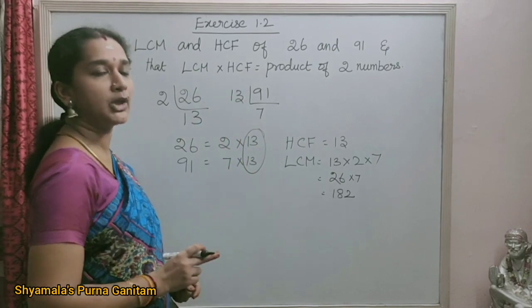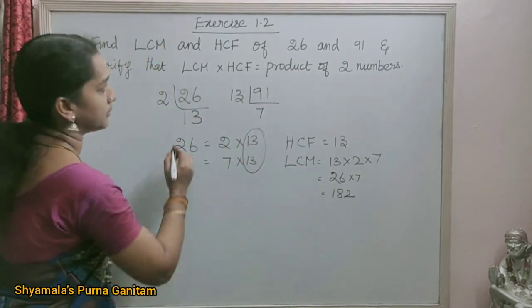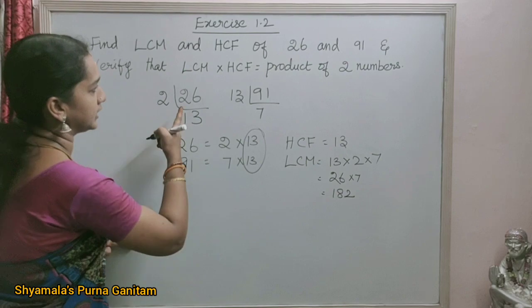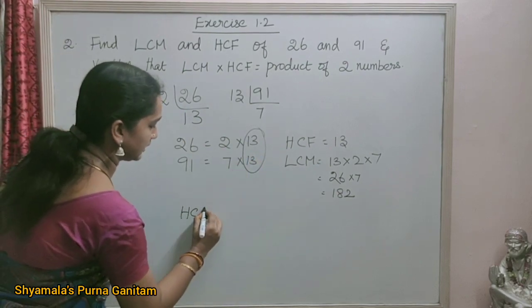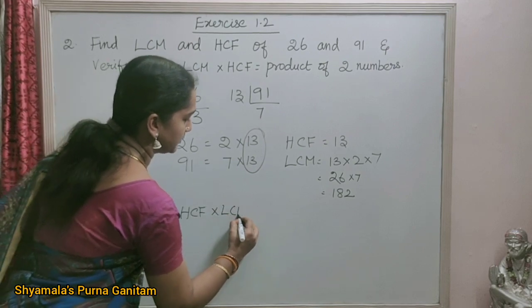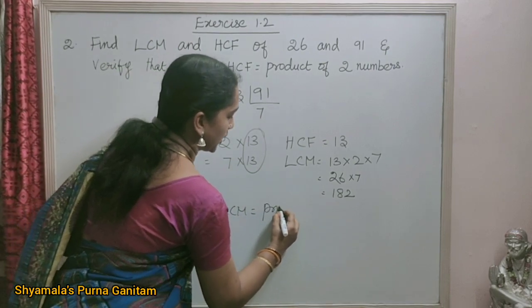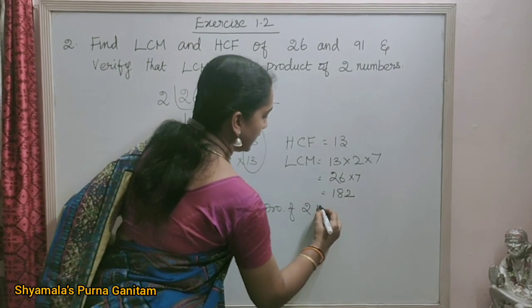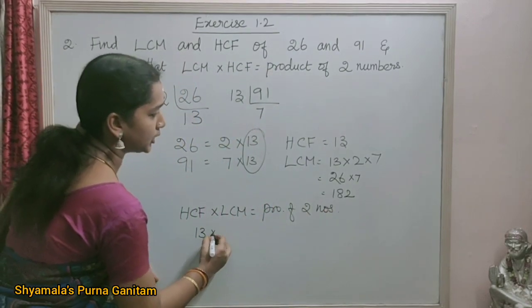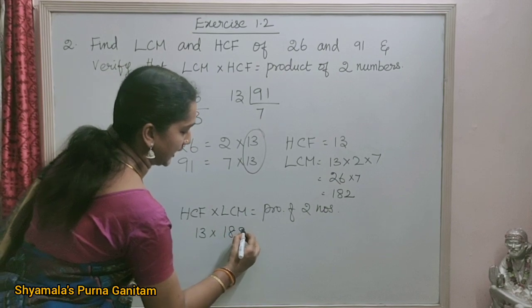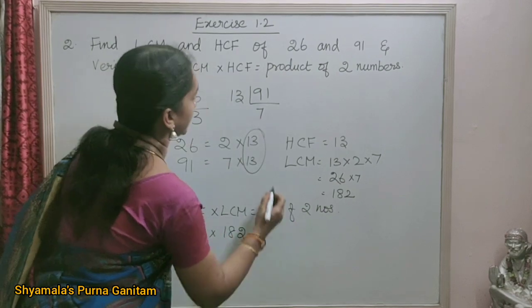So LCM into HCF is equal to the product of the two numbers. You are asked to verify that. What is the LCM? LCM is 182. So HCF, 13, into LCM, 182, is equal to the product of the two numbers.